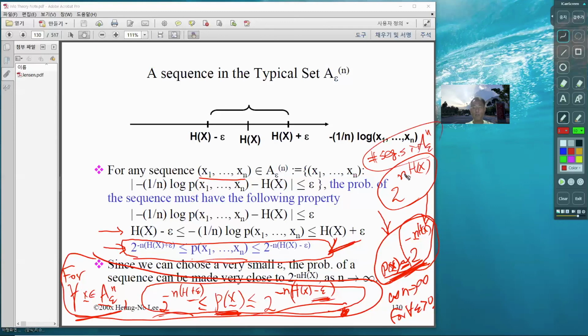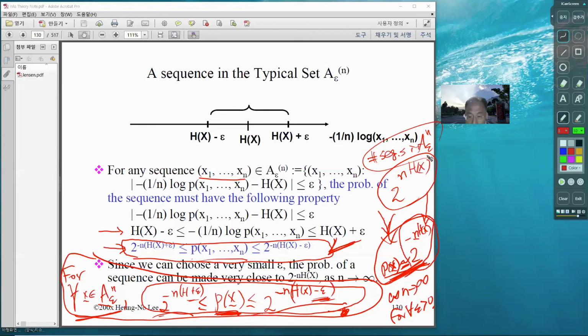Because each one is equally likely, the inverse of the size of the typical set should be the probability. Remember, when you have a uniform distribution with 4 elements, each outcome occurs with probability 1/4. It is the same here.